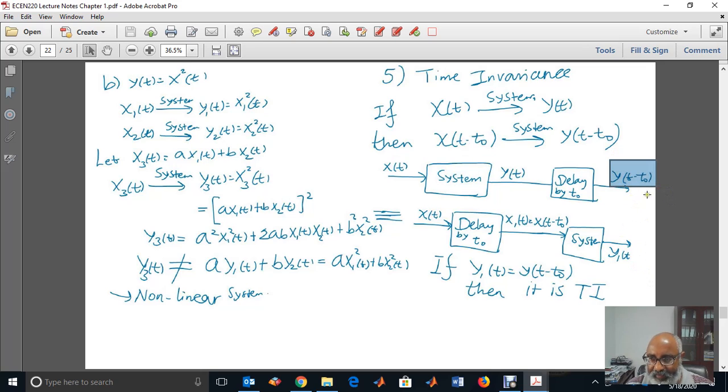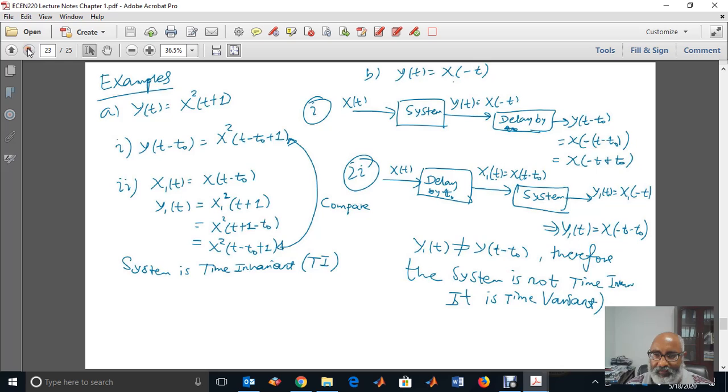If I get the same result, then I say the system is time invariant. If not, the system is not time invariant, or the system is time variant. So y1 of t should be equal to y of t minus t naught if the system is time invariant.